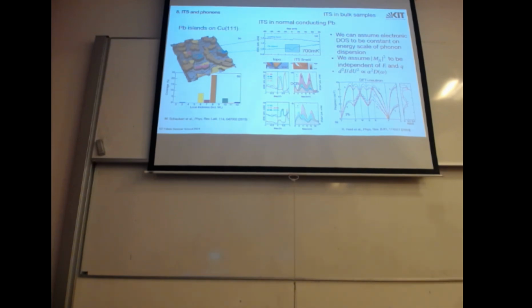And you see there's a peak roughly at 4, and there's a peak roughly at 9. These are the van Hove singularities of the longitudinal and transversal phonon branches. And this actually fits our data very well. So it seems like we see phonons. I will come back to this.